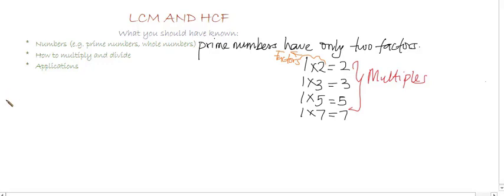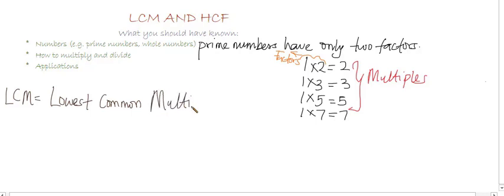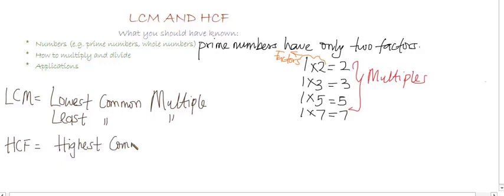So to start with, let me talk about the definition of LCM. LCM represents or means lowest common multiple, or in other words, it could also be called least common multiple, while HCF means highest common factor.